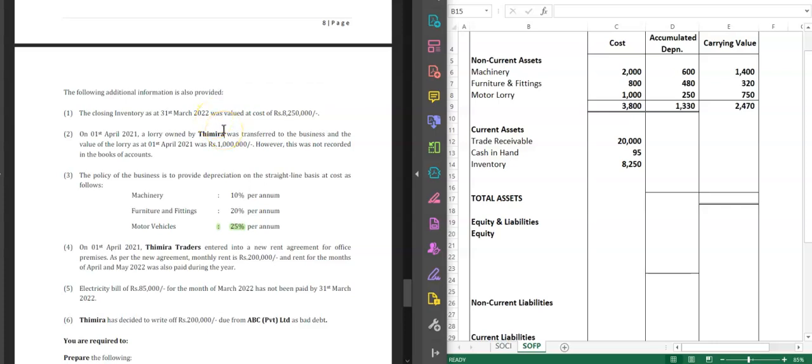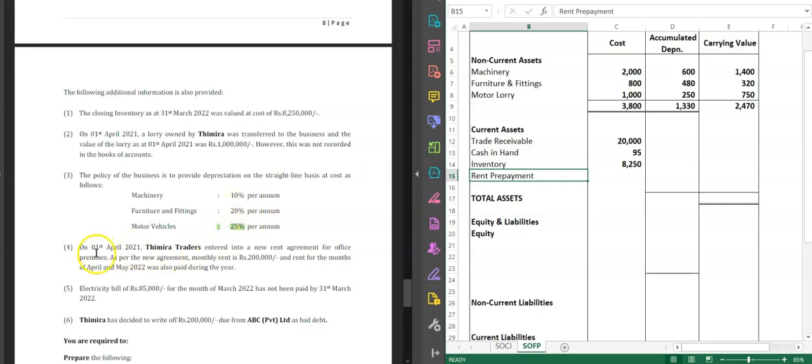Then after the inventory, is it tallying now? I mean, is it correct? So what else do you think that you have to add? What are the assets that we have? We have rent prepayment. How much was the rent prepayment?